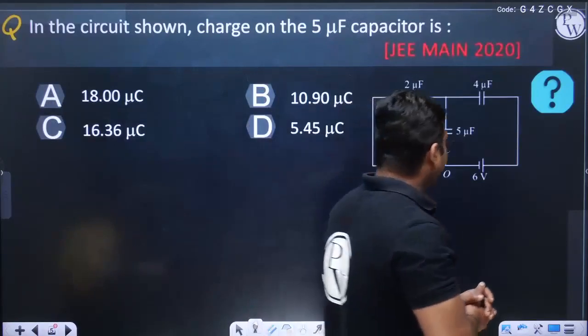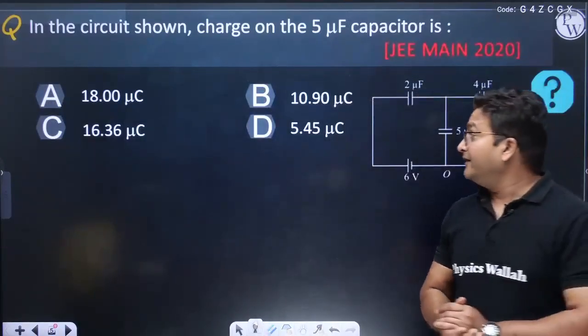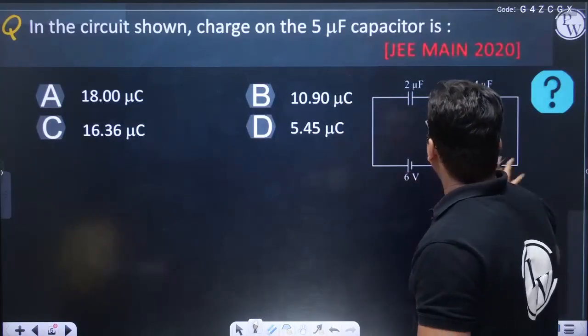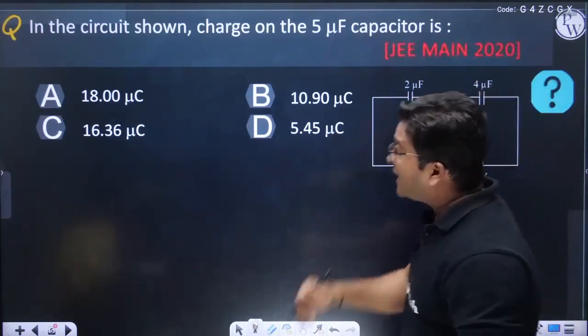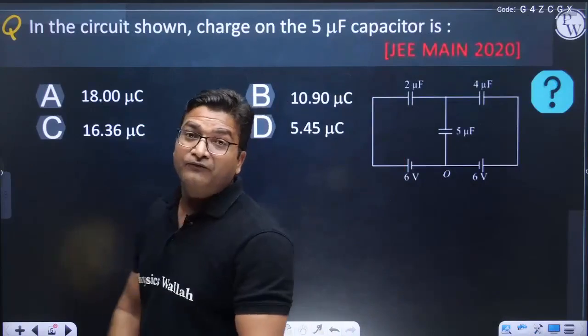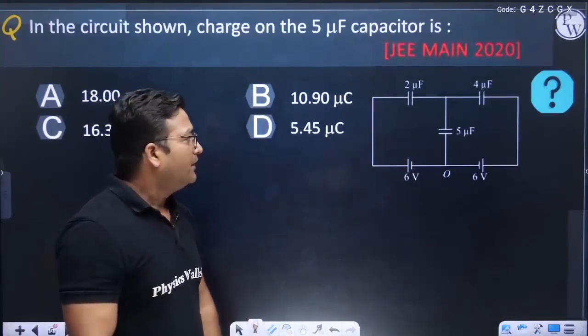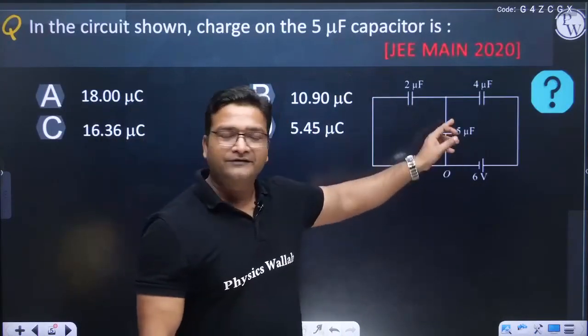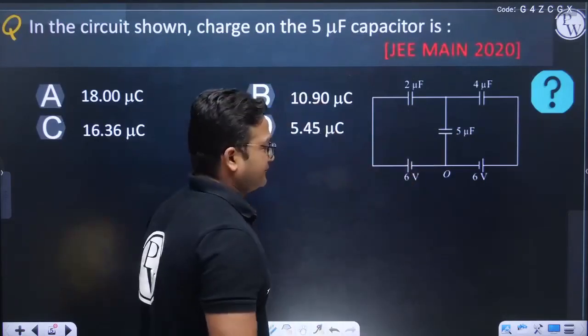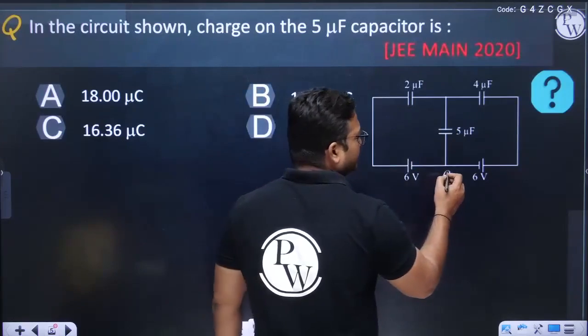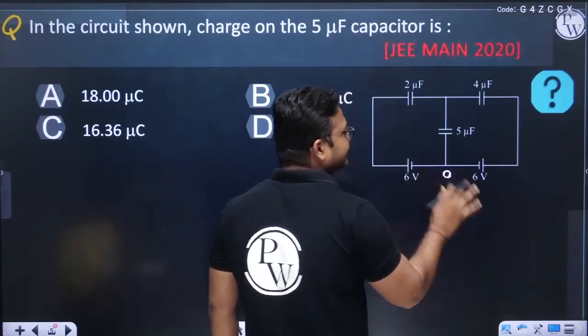Again, this is a very interesting question, and here we are given this circuit, and they are asking us what is the charge on the 5 microfarad capacitor. This is the 5 microfarad capacitor, and we have to find the charge on it. Again, let us assume the potential of this point to be 0.